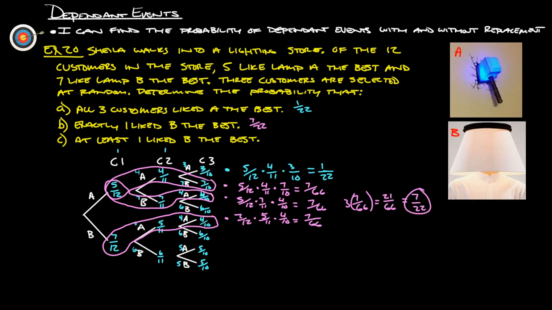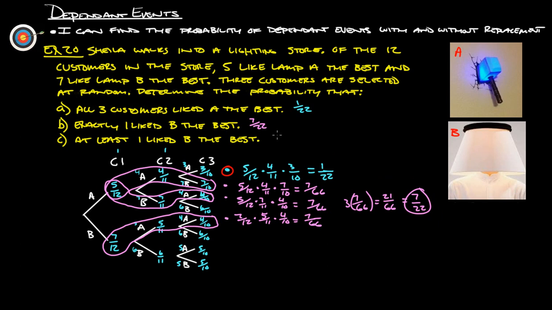Okay. Last one. At least 1 liked B the best. So that would be all of these. The only one that it wouldn't be is this one right here. So easier than going through and finding all 7 of those and adding them all together is we can just take 100% and then subtract the 1/22.